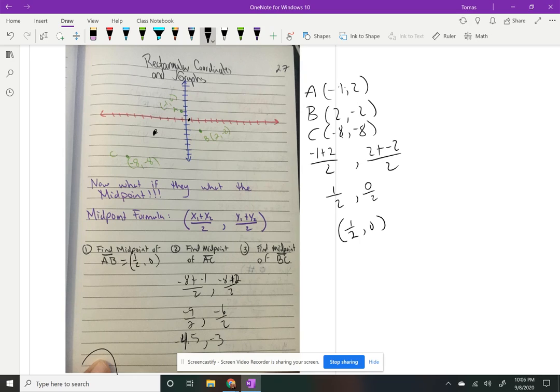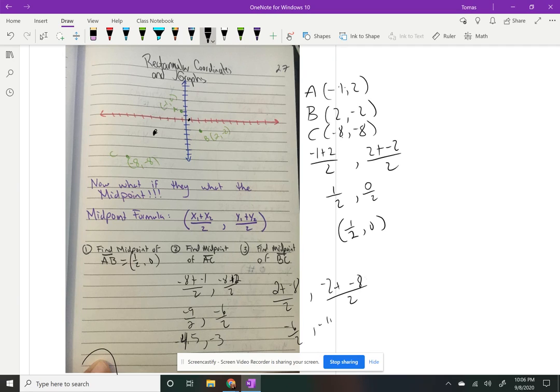Okay, now BC, same concept, right? We get the two x's, we add them over 2, and oh, look at that, they're kind of the same numbers, right? So this becomes negative 6 over 2.